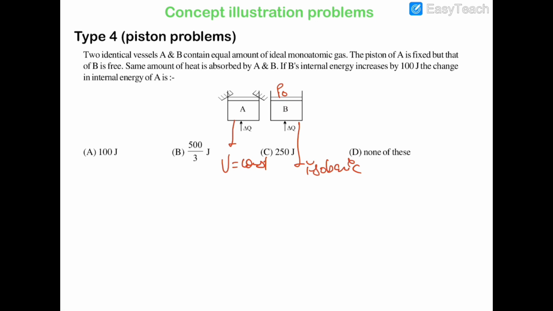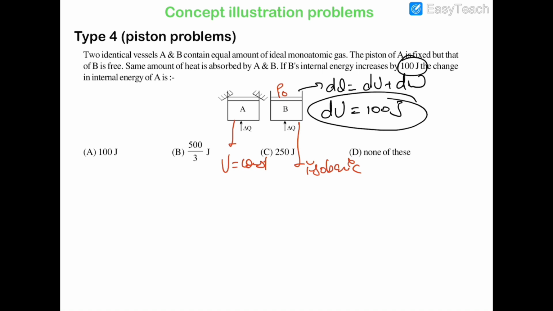because this process is a quasi-static process obviously. Now this is an isobaric process, and we know that in an isobaric process the heat supplied is dQ equal to dU plus dW, and dU is obviously 100 joules, the change in internal energy of this gas, and dU is nCv dT, which is equal to 100 joules.